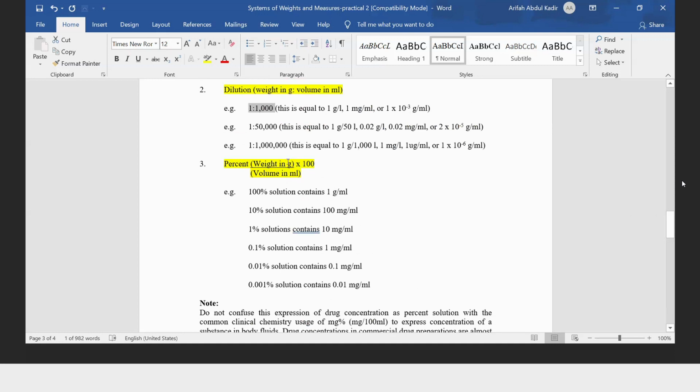So the unit is gram on top, which will give me 0.1 gram divided by 1 ml times 100.